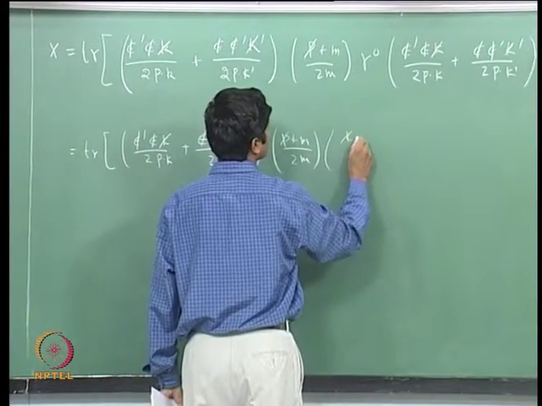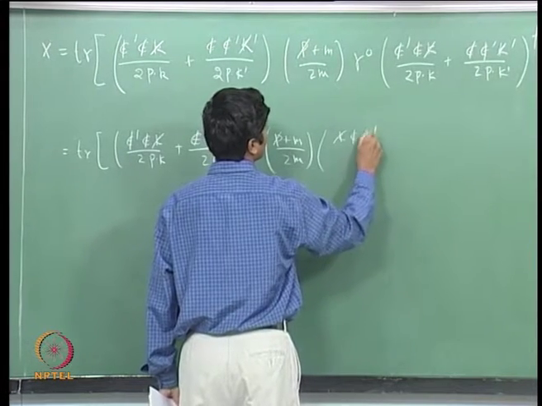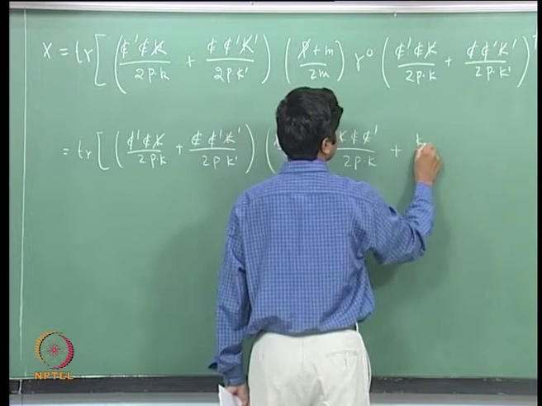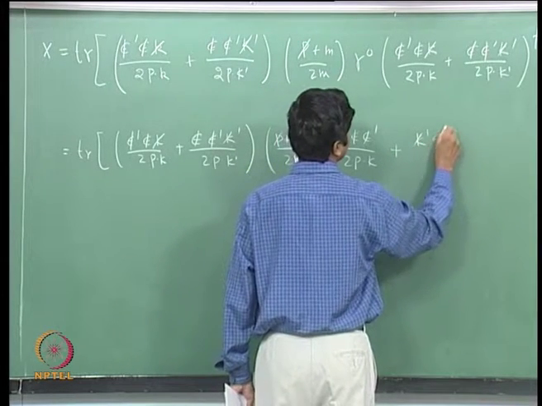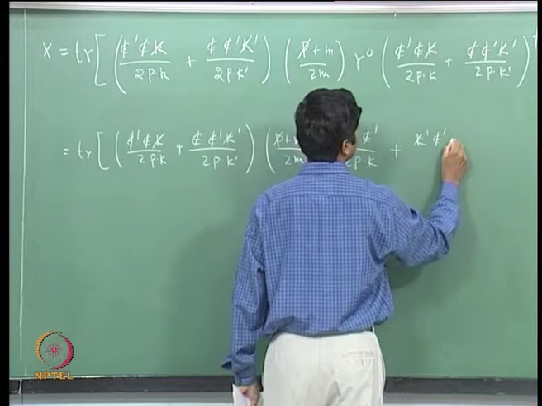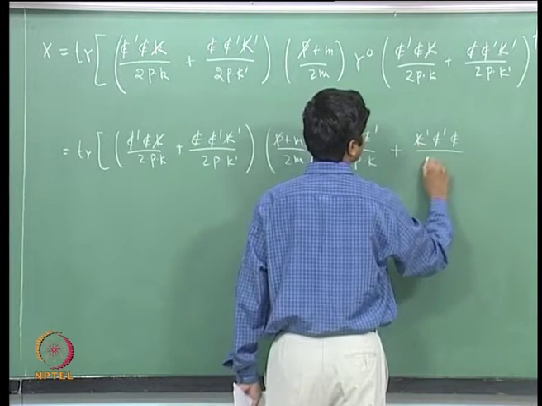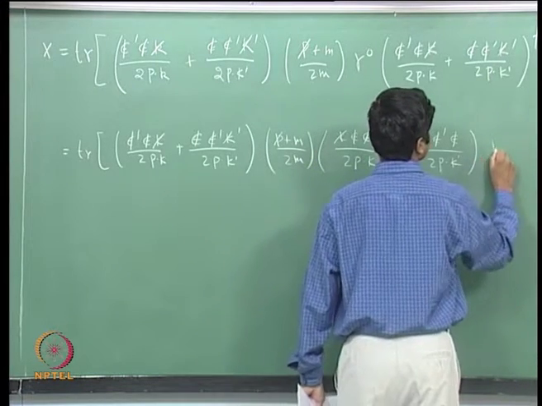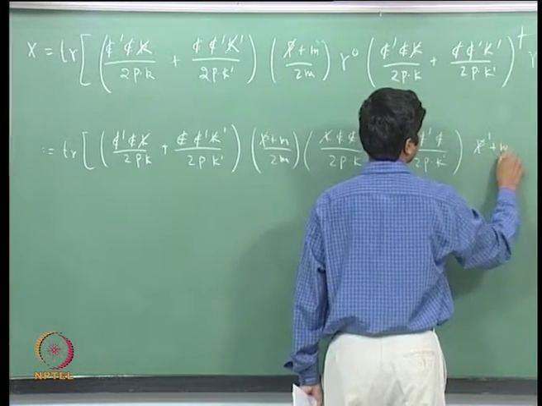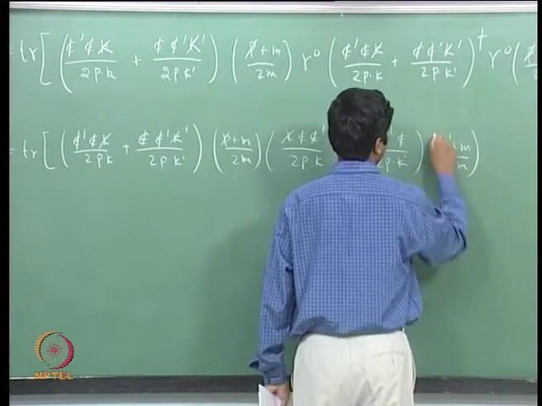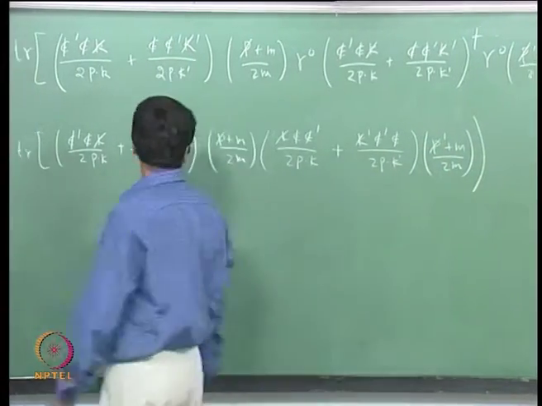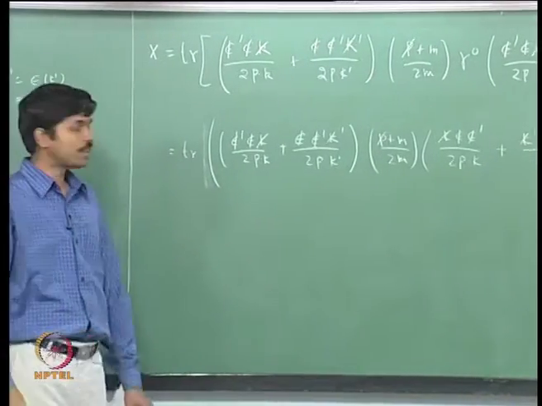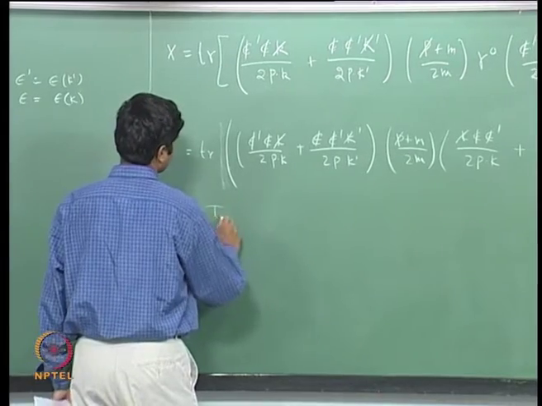So, k slash epsilon prime slash over 2 p dot k plus k prime slash epsilon prime slash over 2 p dot k prime and then p prime slash plus m over 2 m. So, this will give me 4 terms. I will denote them as T1, T2, T3, T4.